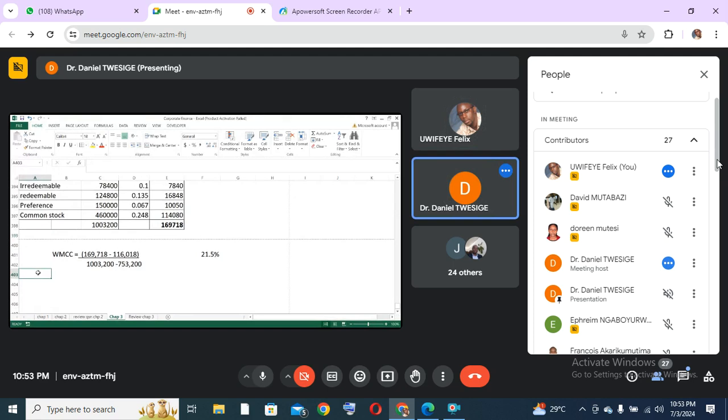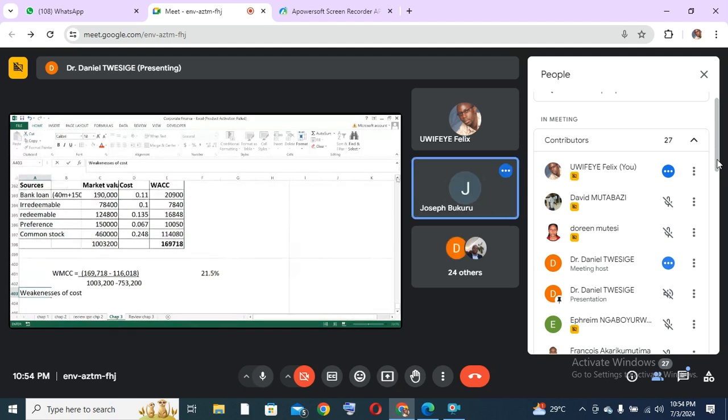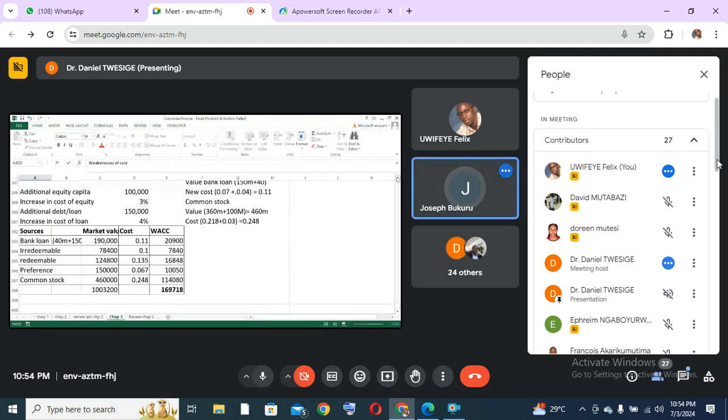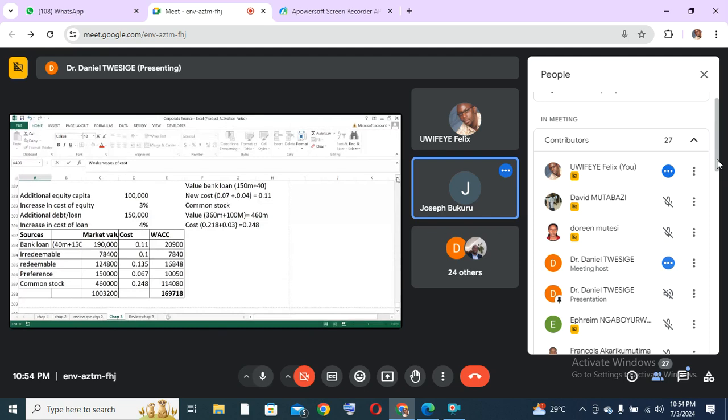So the last part here, maybe we can look at the weaknesses. What is that? WMCC, weighted marginal cost of capital. Scroll up a little.